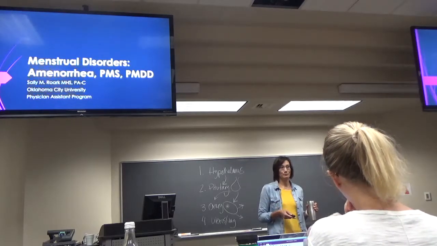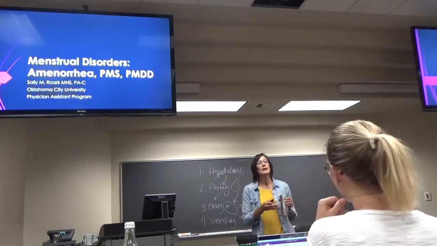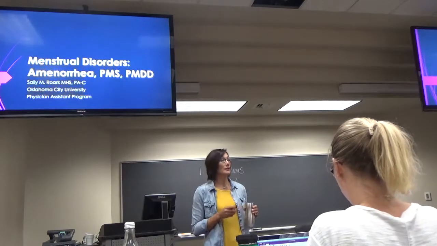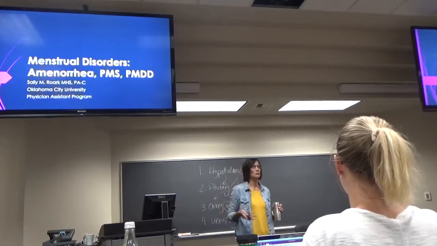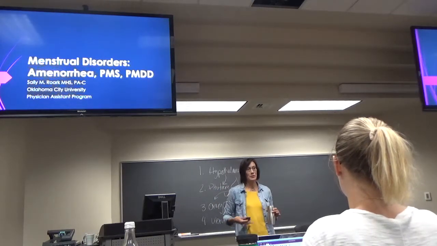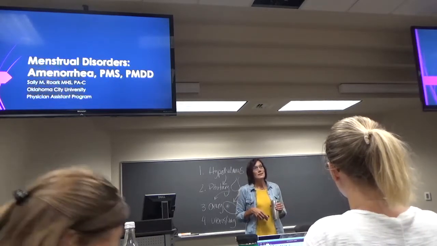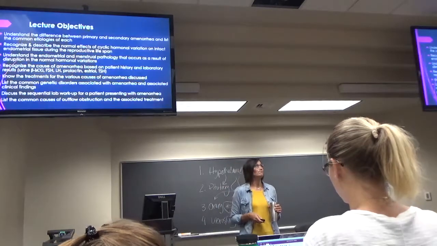I thought oligo normally means less? It means less frequent. So not necessarily light. Usually they are light because you're not getting good proliferation and not a lot is happening hormonally, so you don't get a lot of flow, but it technically means lengthening of the cycle, so they're infrequent.